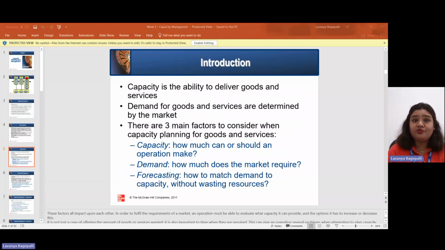Now, what do you mean by the term forecasting? Forecasting is all about predicting the future demand accurately. Businesses use historical data, that is the previous data, market trends and other factors, to align production capacity with the market demand.